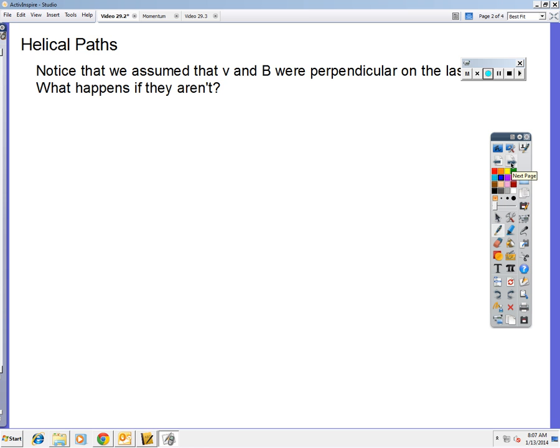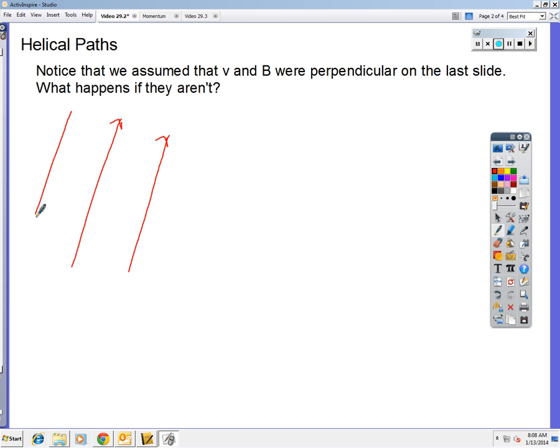Now, the problem with that is that we assumed that the field was perpendicular to the velocity. In other words, that the velocity was in the plane of the board and the field was perpendicular to that plane. But let's imagine instead that we have a magnetic field that points this way and a velocity that initially points that way.